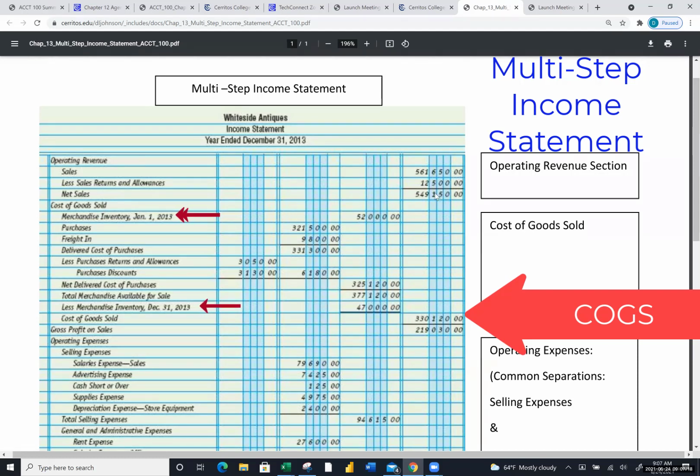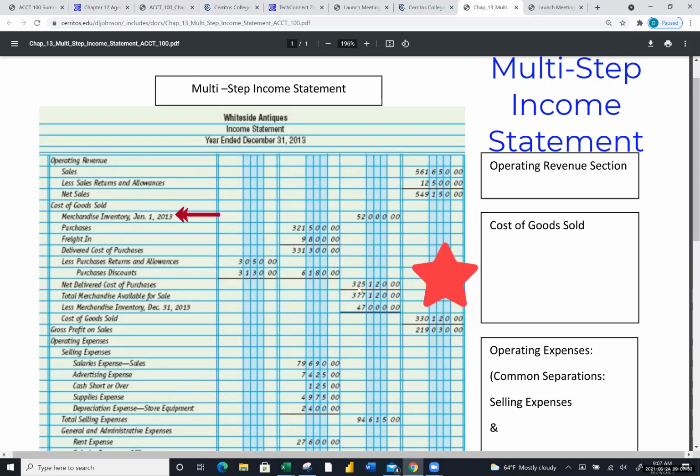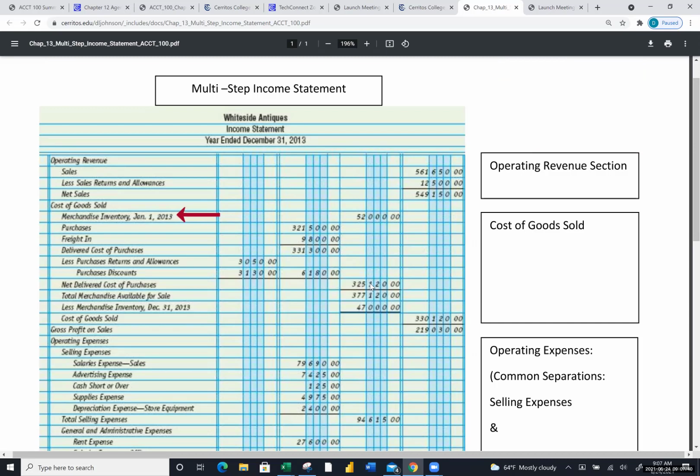If you made $549,000 selling these goods, GAAP says you need to match the revenues and the related costs in the same period. Well, what we've calculated so far is called the net delivered cost of purchases. Slang for that would be, this is the cost of goods that we bought. What we're after is the cost of goods that we sold.